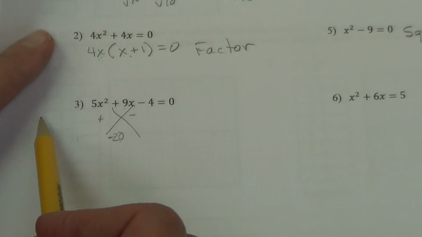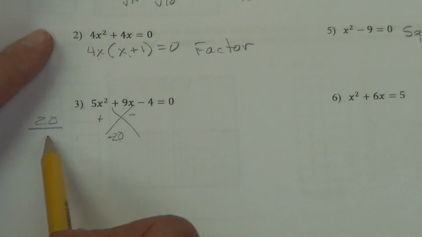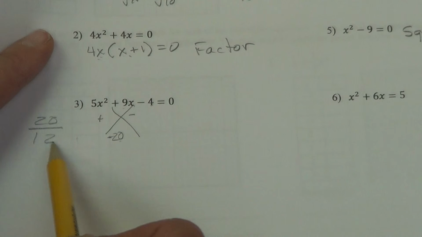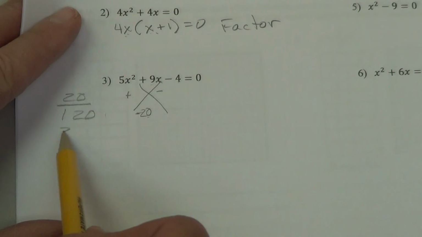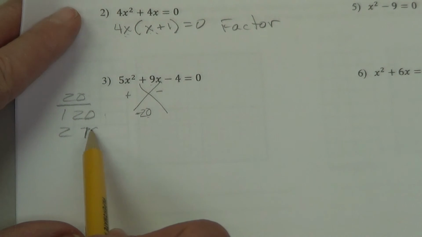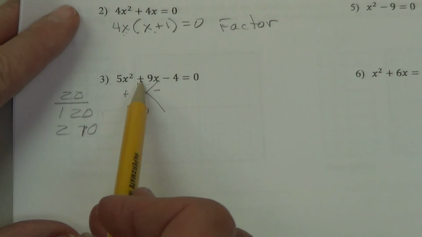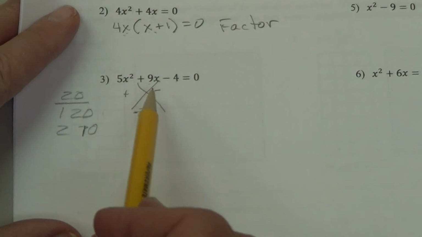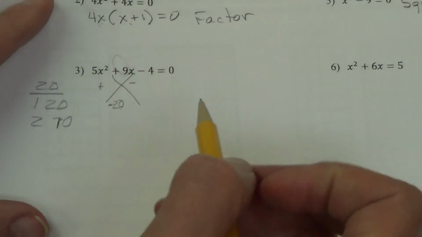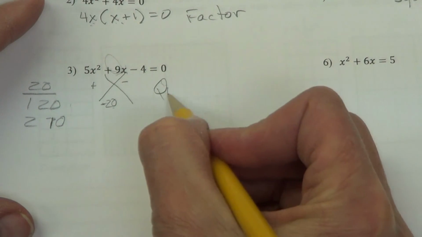If we think of our factors of 20, we have 1 and 20, they subtract to be 19, 2 and 10, they subtract to be 8, and right there we've gotten smaller than the number that we need. So we know that this would be the quadratic formula.